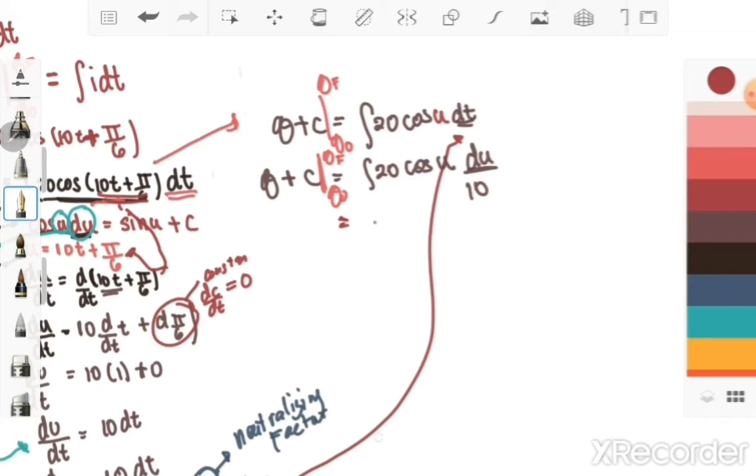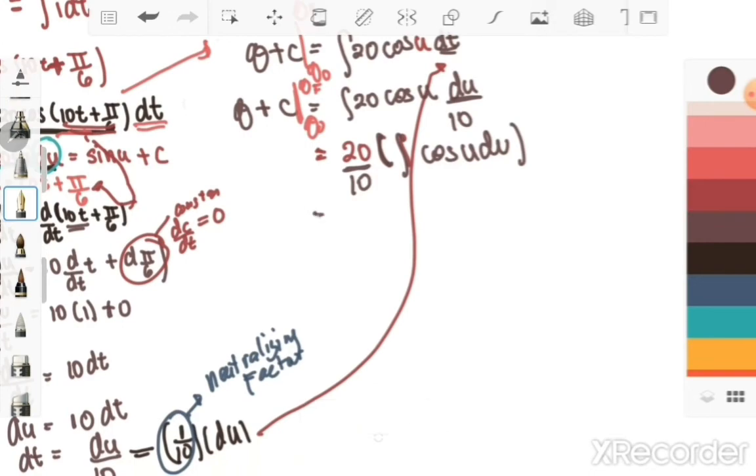It is equal to 20 multiplied by the integral of cosine u du. Let me just change the pen color. You can take the 10 out here. Okay. So, let's proceed.